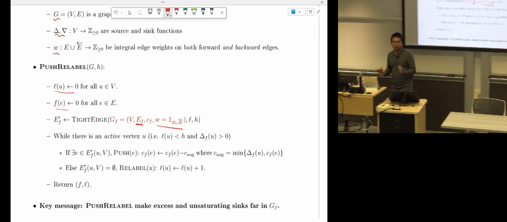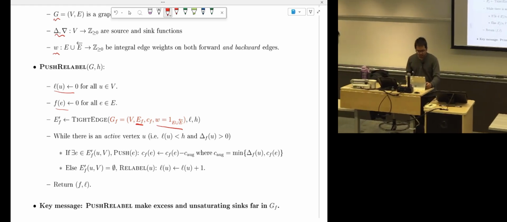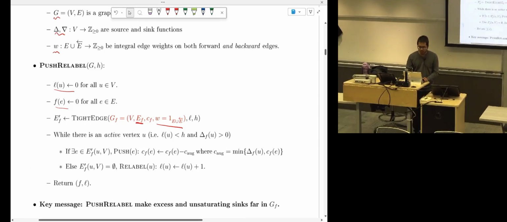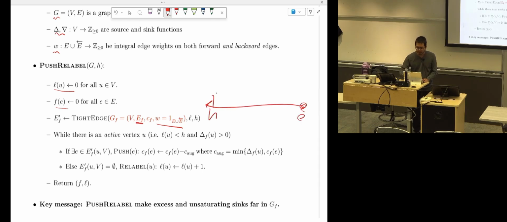Why? Because of when it ends. You start with 0 and level h. At the end, all the excess is here, and all the sink that is not saturated yet is here at level 0, and this is far away in the residual graph.